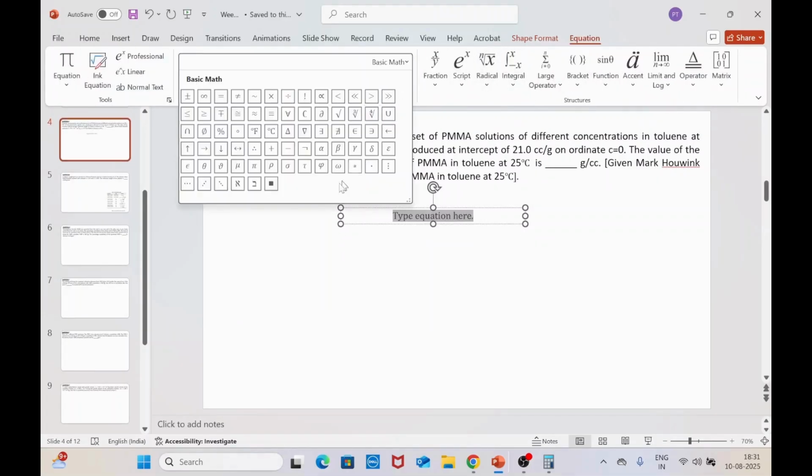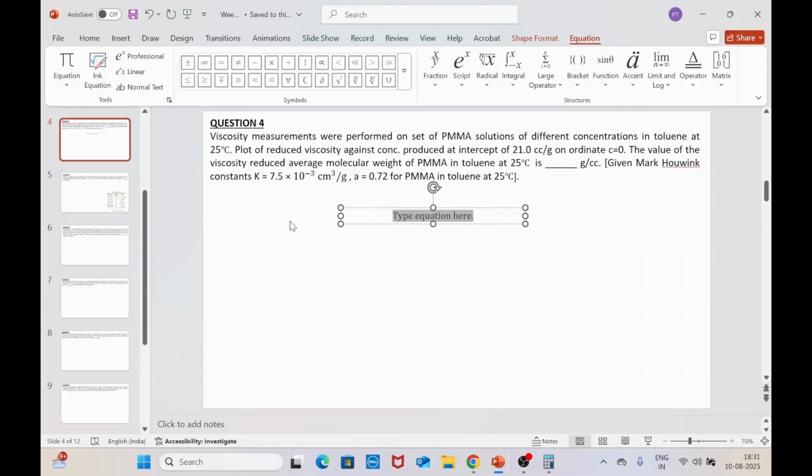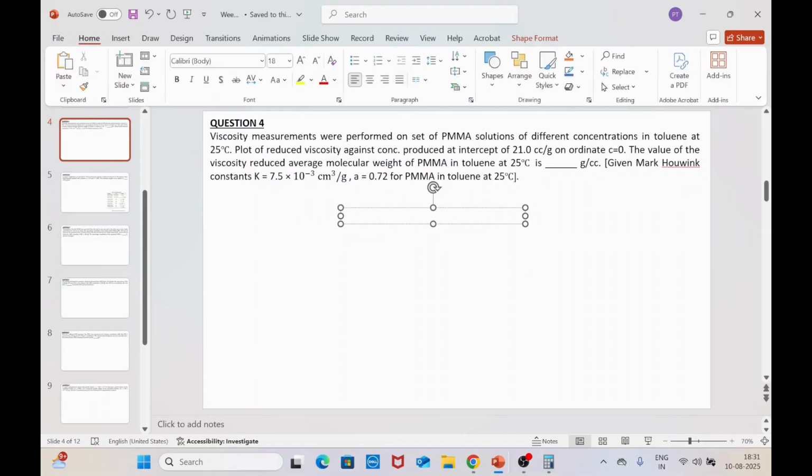Let me put it. Okay, that's fine. So the formula is intrinsic viscosity is equal to K times M, your average molecular weight, to the power a.